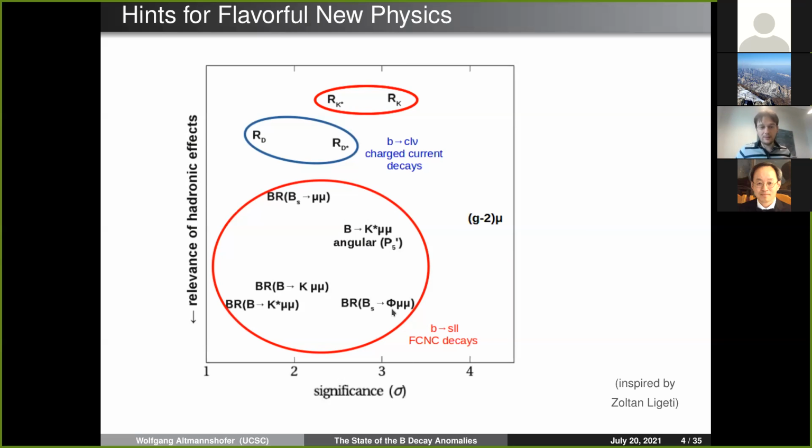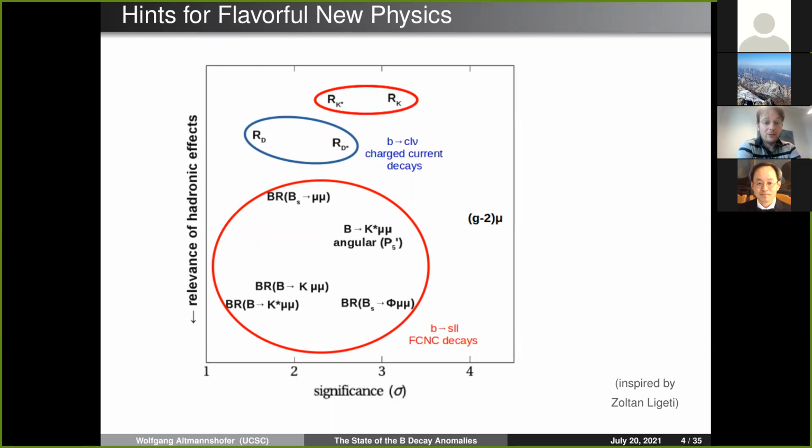There are other anomalies in B decays. There are the anomalies called RD and RD star. These are again lepton flavor universality ratios, but not in flavor changing neutral current decays, but now in charged current decays, B to charm l nu transitions. And there one compares decay modes with taus in the final state to decay modes with light leptons in the final state. The first anomaly observed in those was already quite some time ago, I think in 2012 by BaBar.